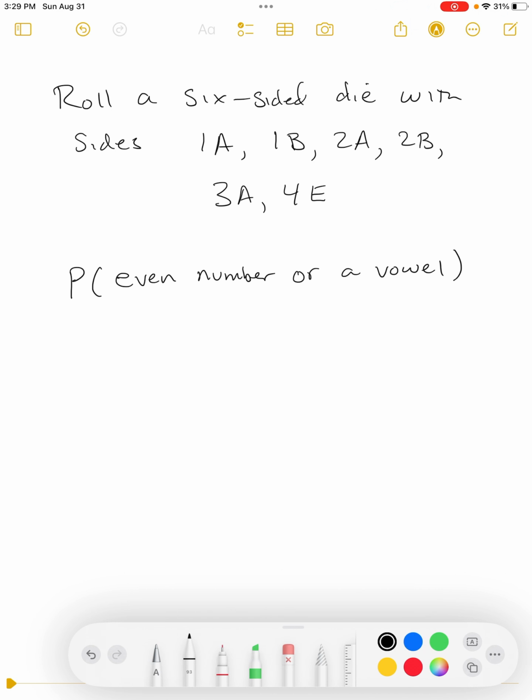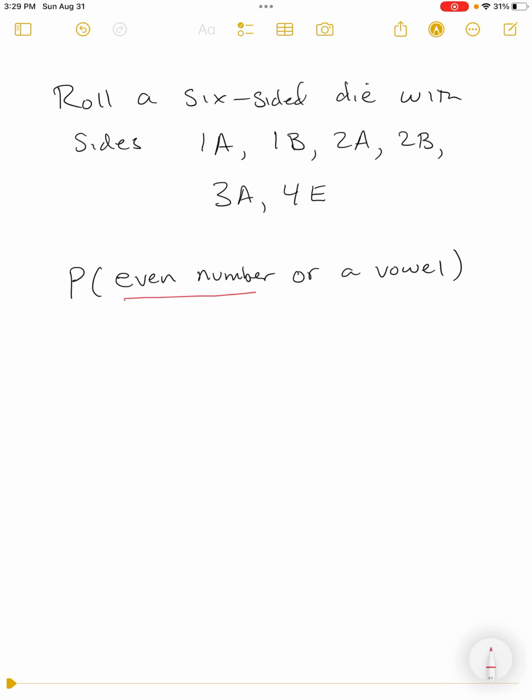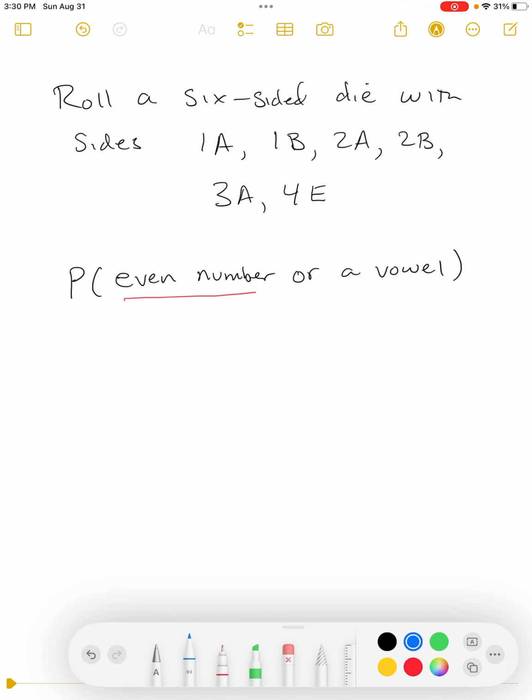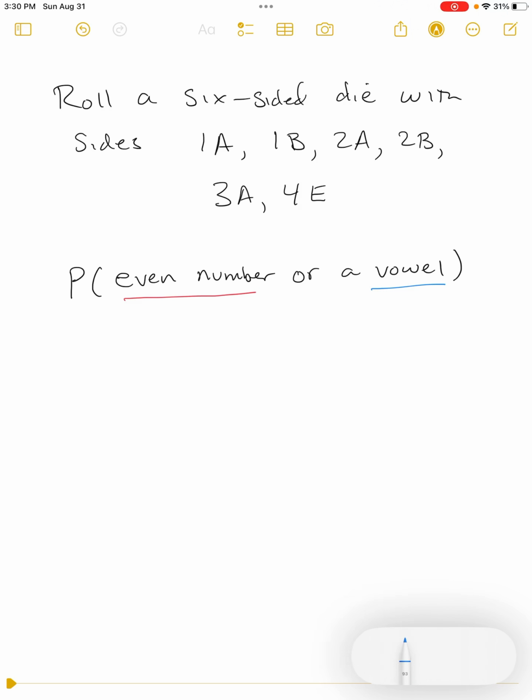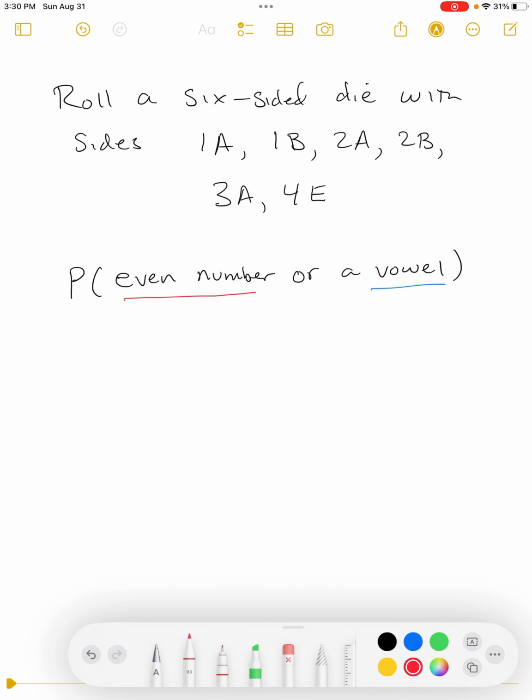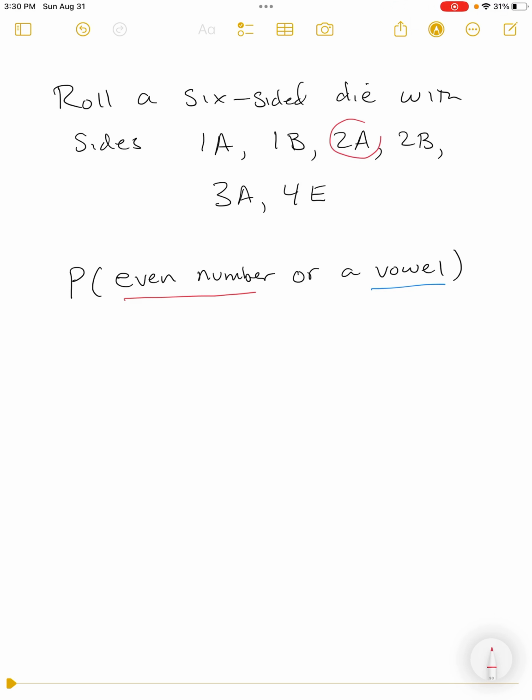And what I want you to think about again is that we have our first criteria, even number. We have our second criteria, vowel. So as we go in here and think about our first criteria, even number, just circle all the even numbers. If it's an even number, we're going to take it because that's a success for us regardless of the letter. So I have 2A, 2B, 4E.